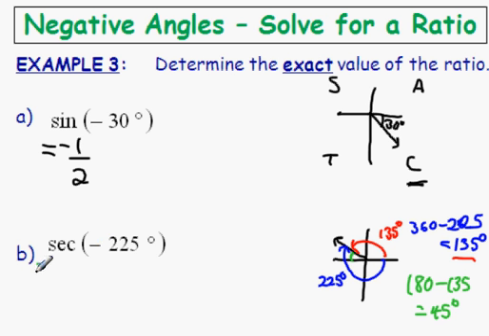Before we do any work, we have to remember that secant is the reciprocal of cos, so it's the same as 1 over cos theta. So what we're actually finding is the ratio for cos 45.